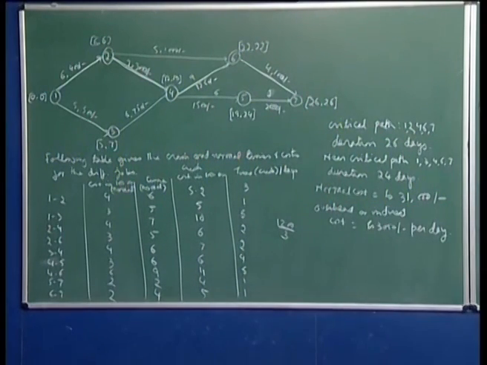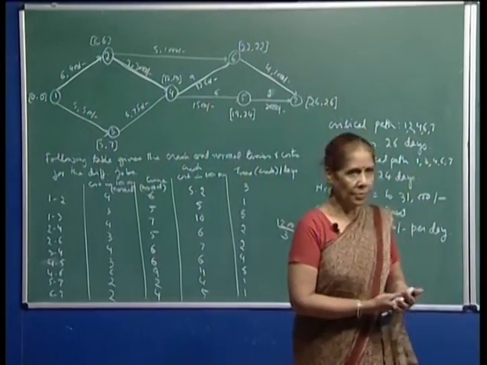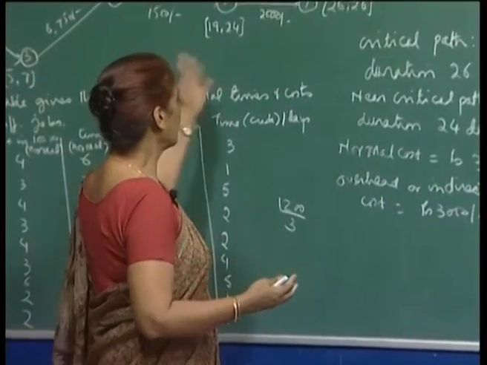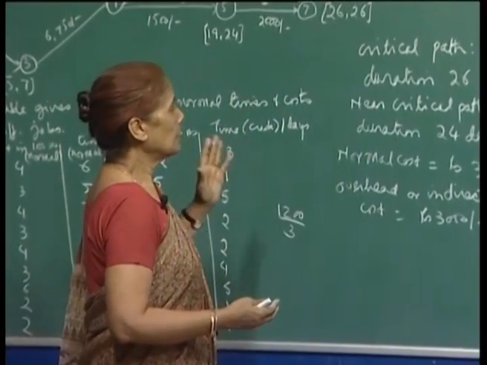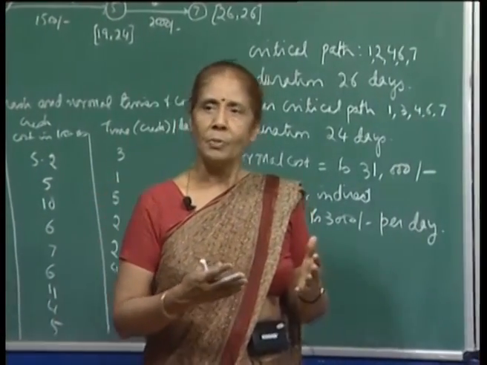First, let me outline the algorithm. We formulated the problem as a linear programming problem, but I want to show you that because your network is very simple, we can use an ad hoc method to get to an optimal solution.